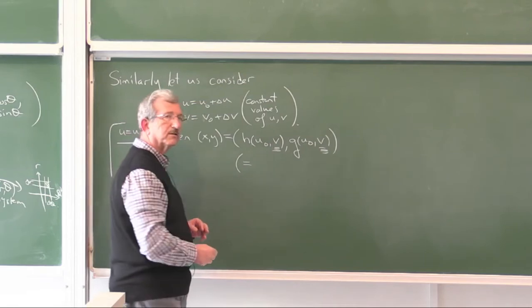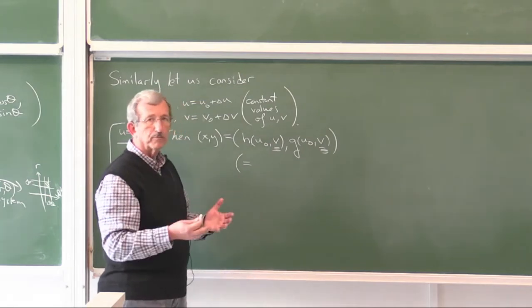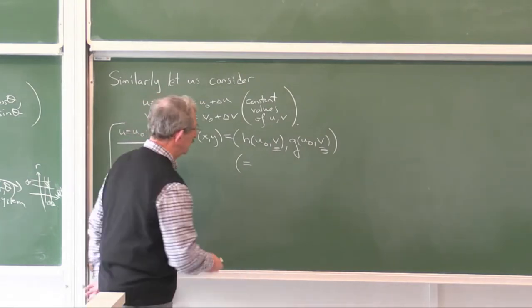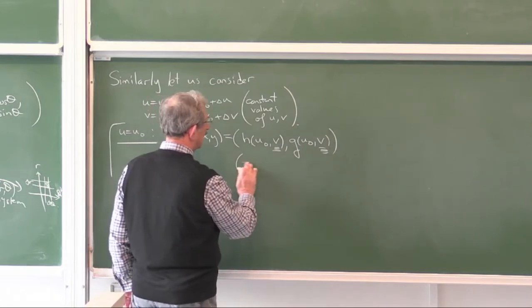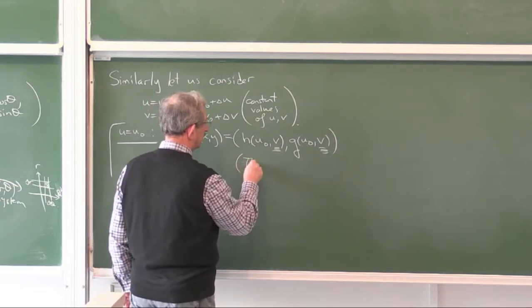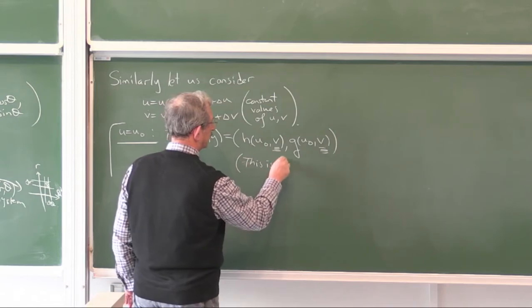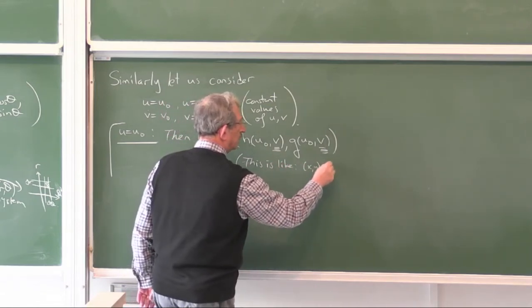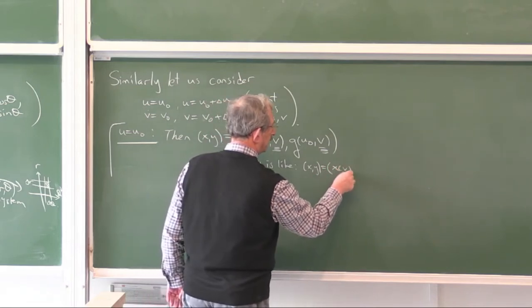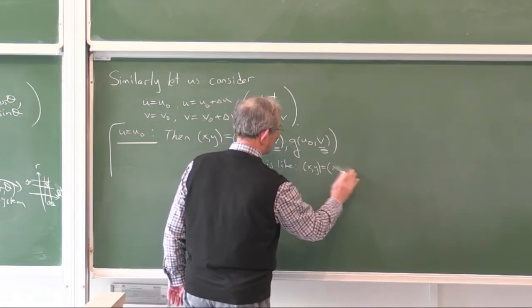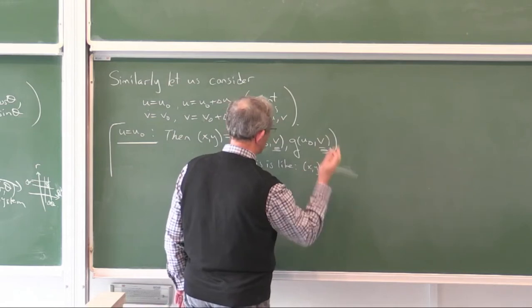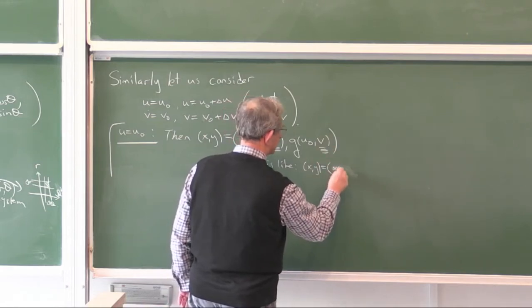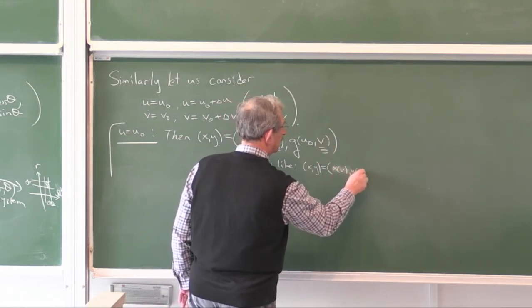This is, as we know, a curve in the plane. So this is like xy equal to x of v, well, let me not use x, some other function, maybe x of v, y of v.